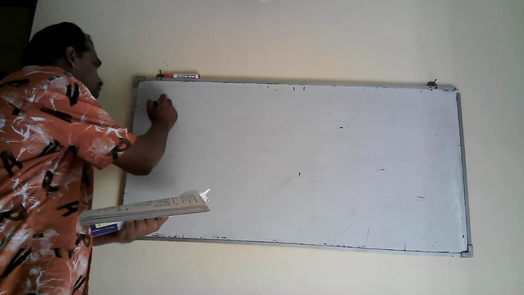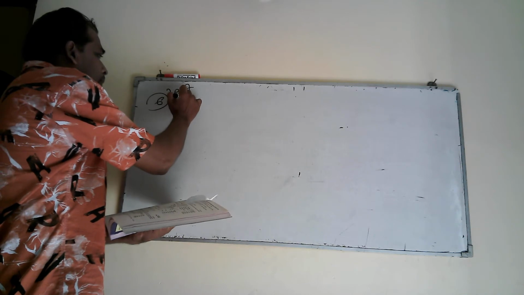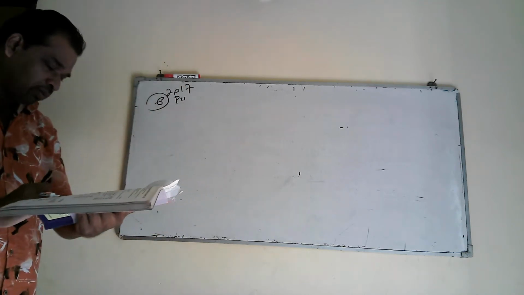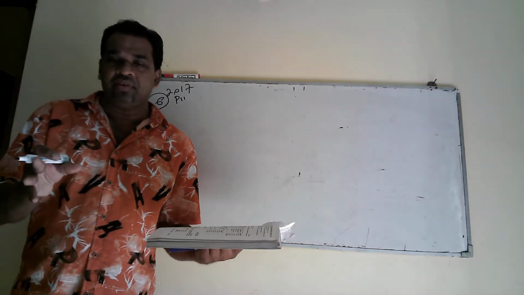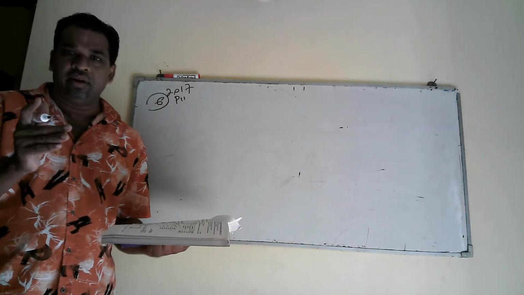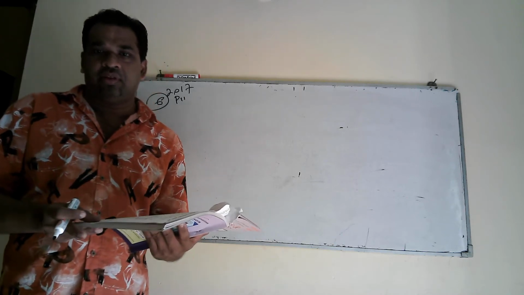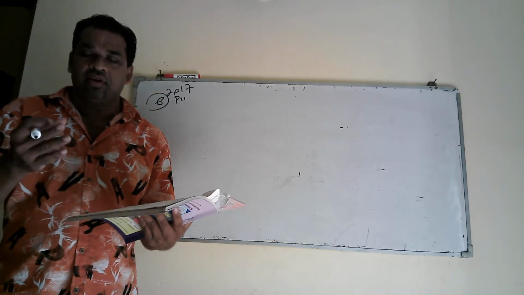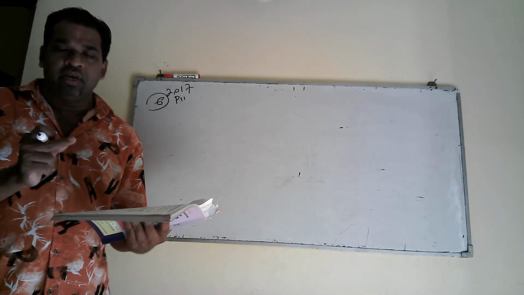Take 2017 paper 2 question number 6 part 1, name the elements of production cost. You can mention direct cost and indirect cost. That is also enough. Or you can name the sub elements available under those two elements.